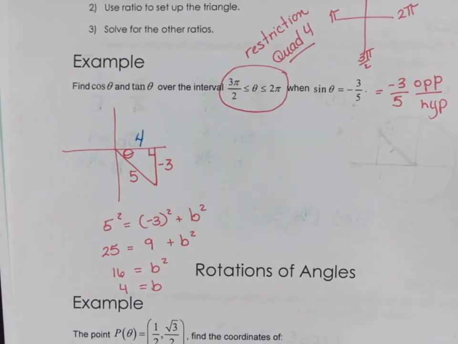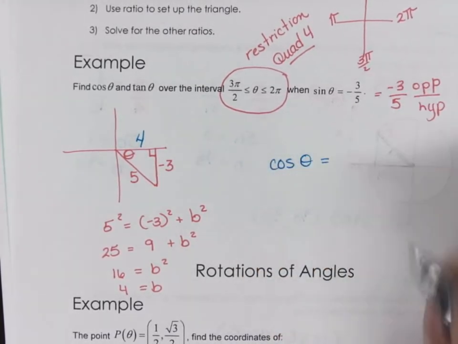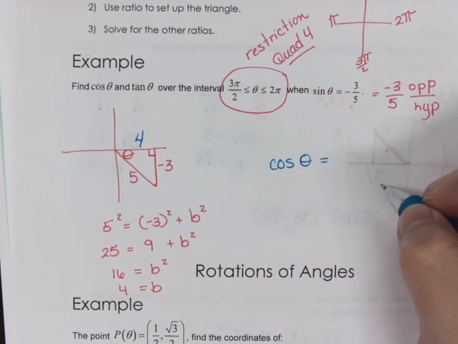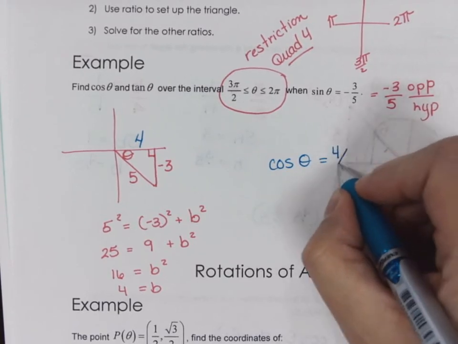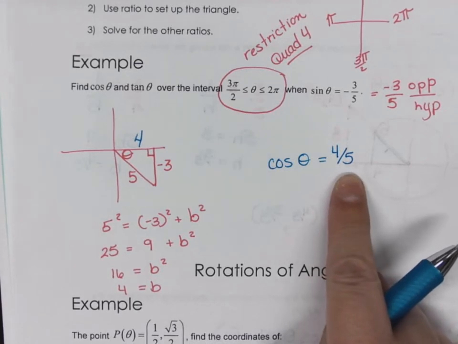Okay, so it says find cos and tan. So now that you have your triangle measured, now this is easy. Cos of the angle is equal to adjacent over hypotenuse, which is 4 over 5. And we anticipate, because we know our CAST rule, that the ratio for cosine should be positive in quadrant 4.